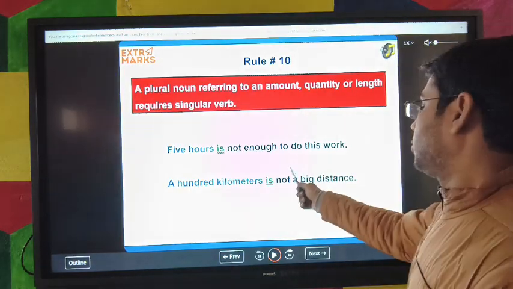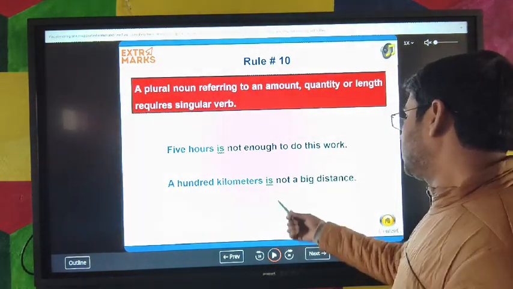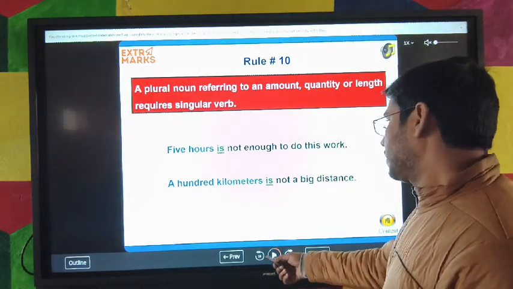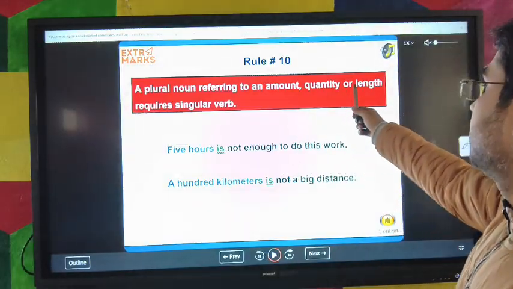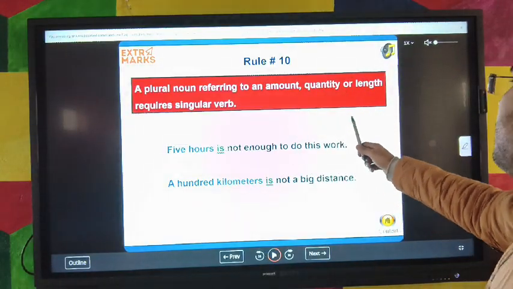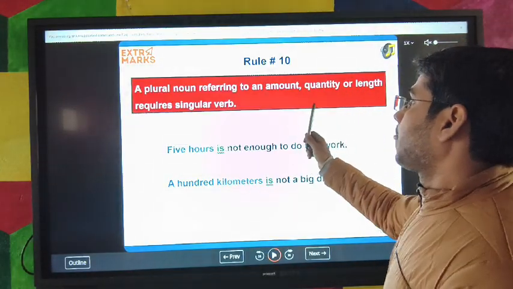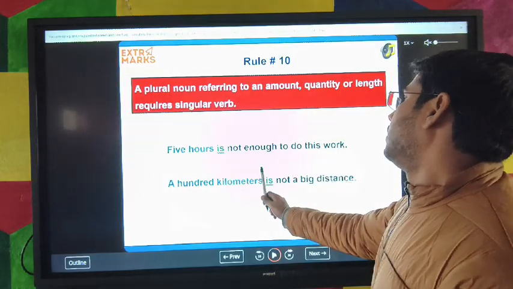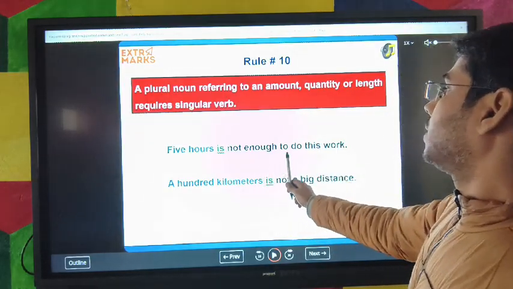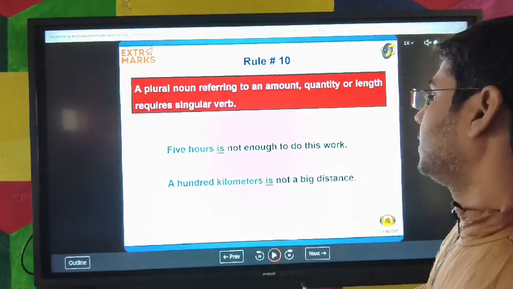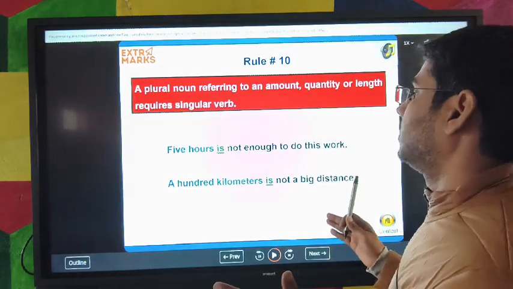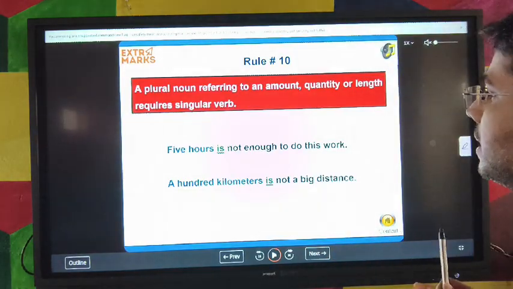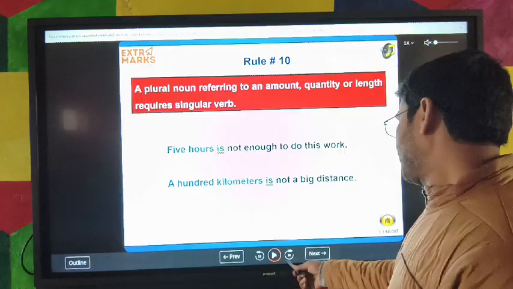So the singular verb has been used in this sentence. So if the quantity or amount or length is talking about a single entity, it requires a singular verb.